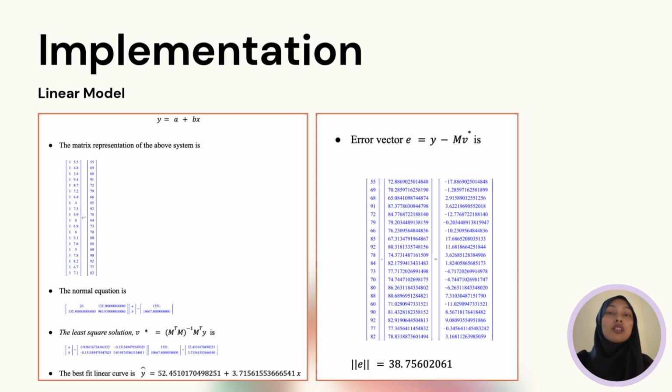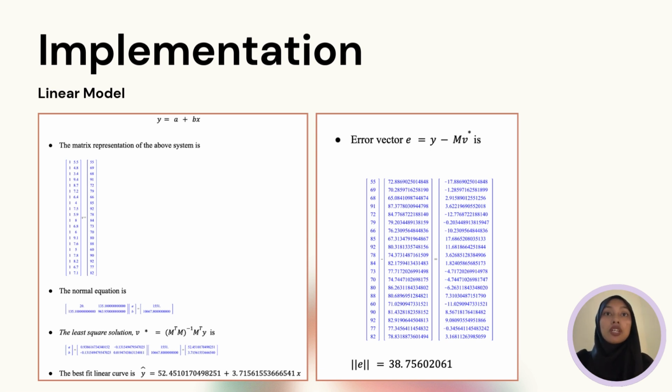So every model includes the matrix representation of the system, the normal equation, the least square solution, the best fit curve for the model, the error vector.